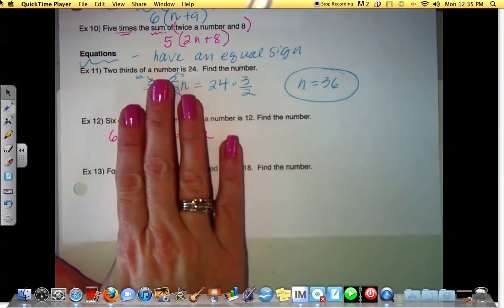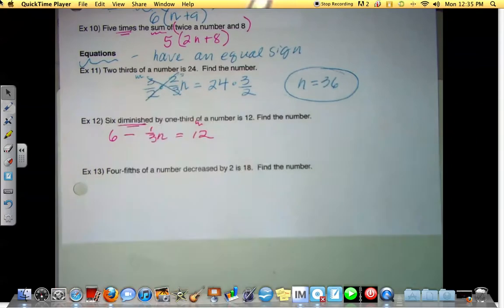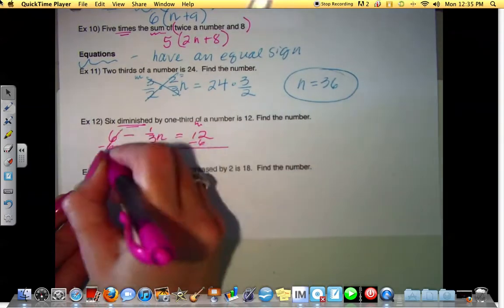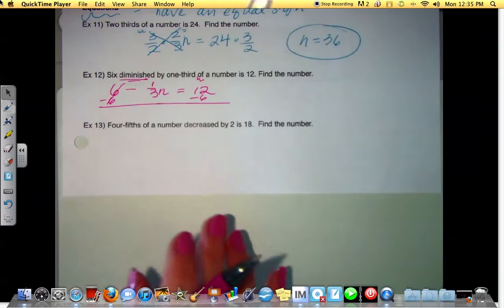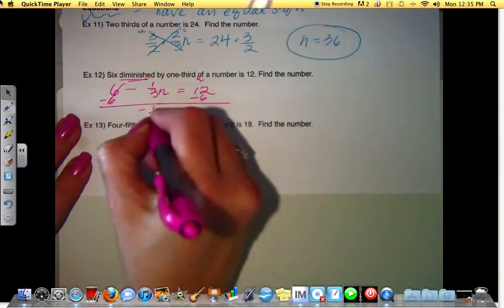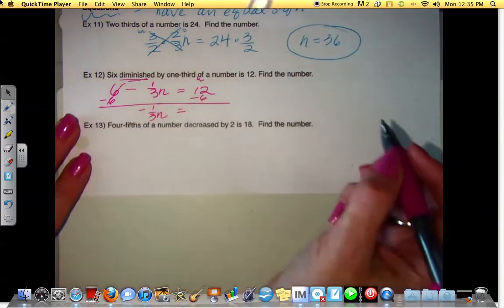Everybody agree with that? Are we going to subtract 6? Okay, subtract 6 from both sides. What do we have on the left-hand side? Negative 1/3 n. Negative 1/3 n equals 6.